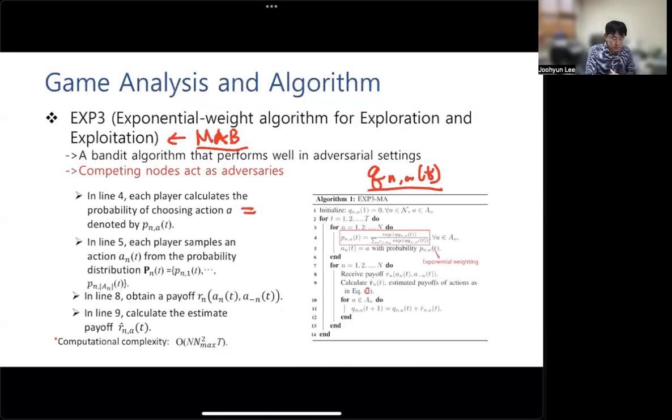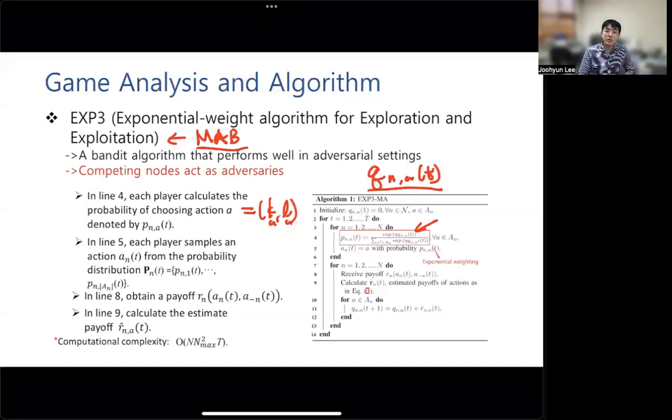Action A is a tuple of K and L, and for each action, the probability that we will choose it is proportional to this exponential term in the numerator. So this assigned probability is proportional to the exponential of eta times Q of A at time t.